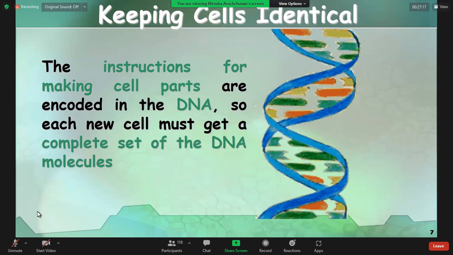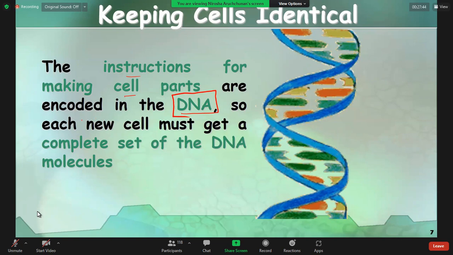The instructions for making the cell parts, those procedures or guidelines for the cell parts, are encoded in the DNA. So the DNA has all the codes, and the coding is located in the DNA.